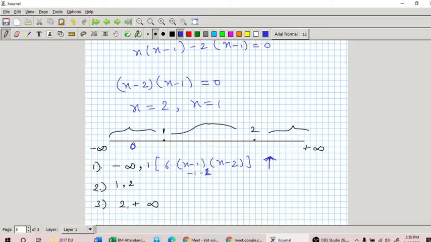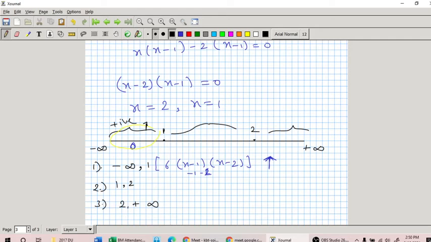It means the function is increasing, the slope is positive in this interval. So when the value of x is operating under this interval, the slope of the total production function is positive, so it is increasing. Let's put a value between 1 and 2.